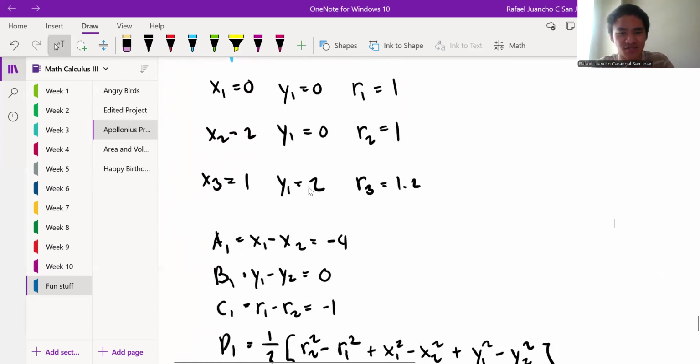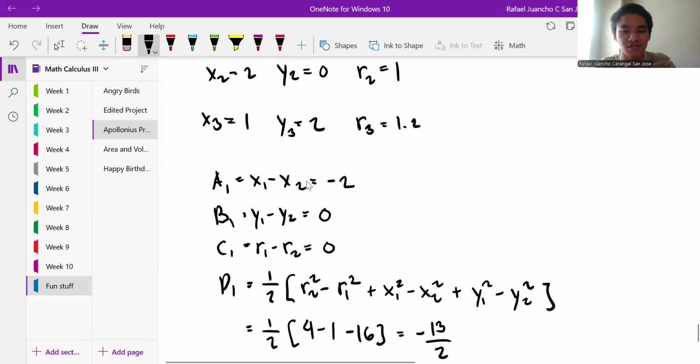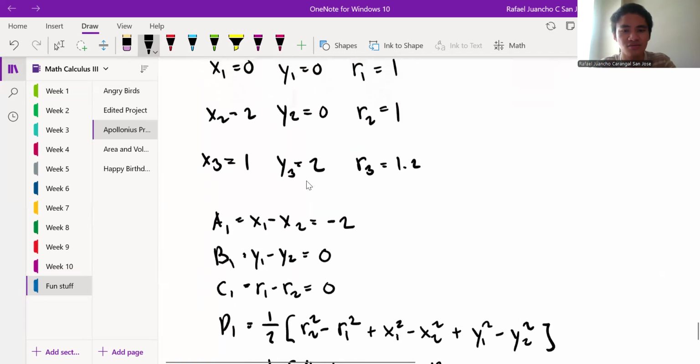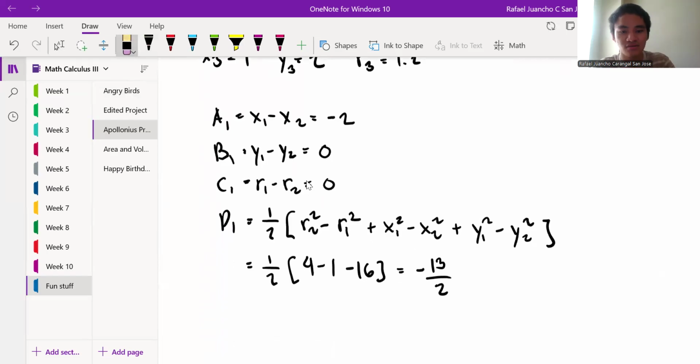Okay, x1 minus x2, well, that's just negative 2. Y1 minus y2, oh shoot, did I put all y1? This is y2, y3. X1 minus x2, negative 2. Y1 minus y2, that's 0. R1 minus R2, that's 0. This is 0. 1/2 of these. Well, this is 1.